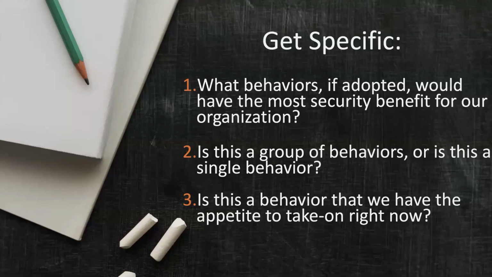So here's another aspect of this. Whenever we are designing for behavior, we have to be really crispy, really precise about the behavior that we want to design for. And we have to ask ourselves, what behaviors within our organization, if adopted, would have the best security benefit for our organization? And you'll usually come down to maybe 3 or 5.